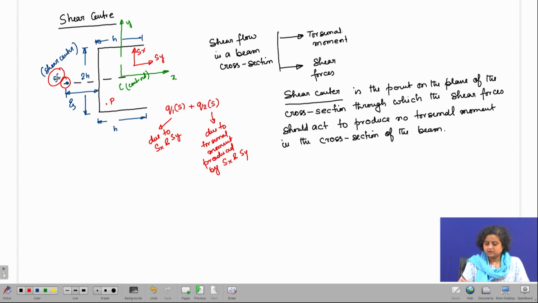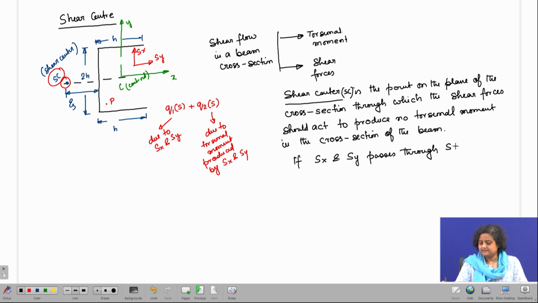So, we can rewrite this definition as: if Sx and Sy, let me use the acronym SC, pass through SC, then Q2S is going to be 0. What is Q2S?